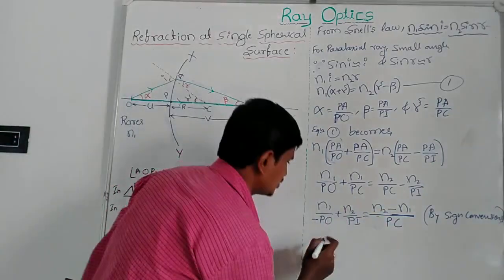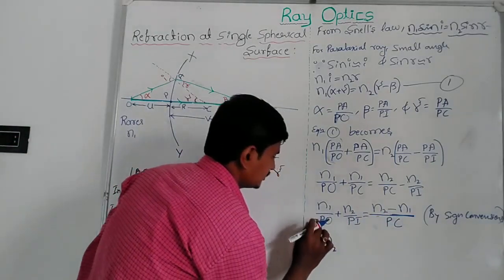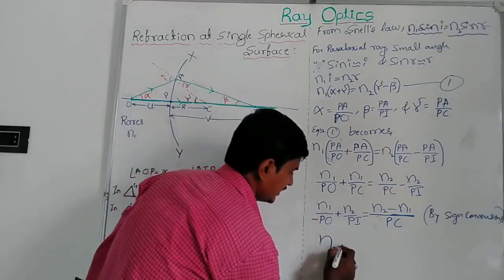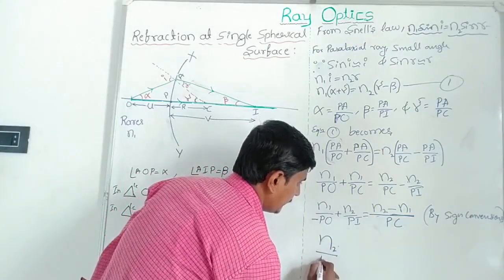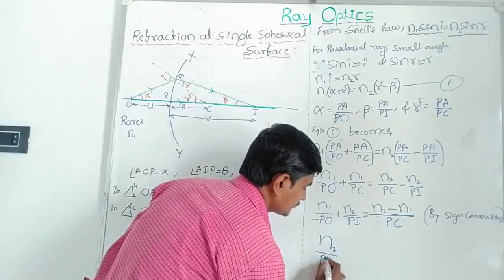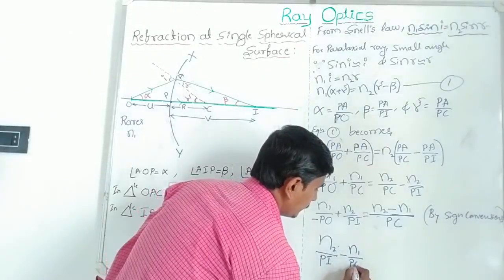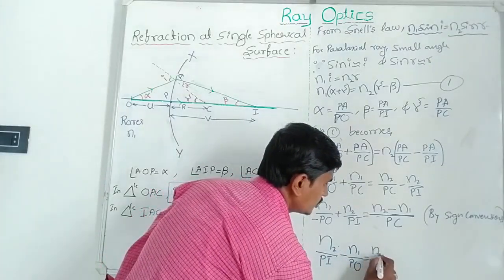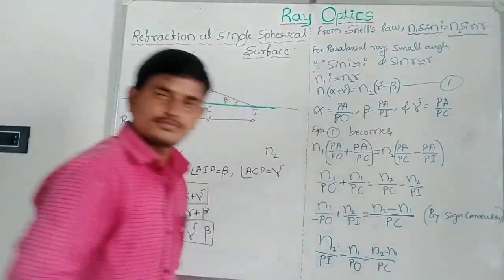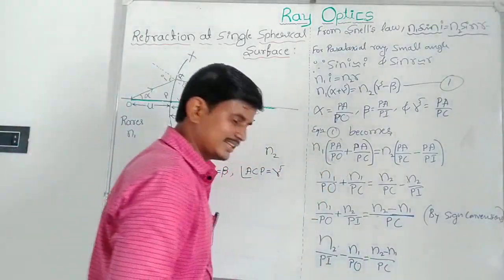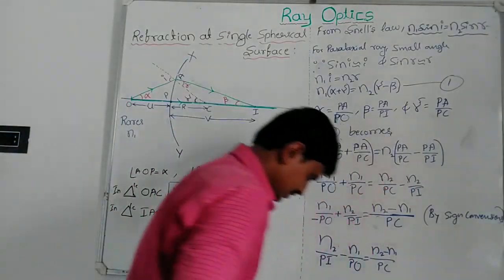Then by simple adjustment you can write n2 divided by PI minus n1 divided by PO is equal to n2 minus n1 divided by PC.